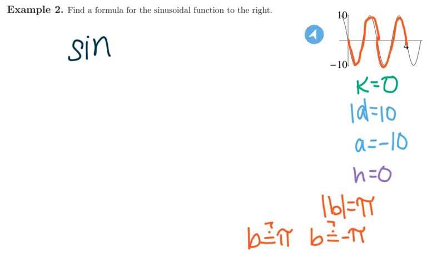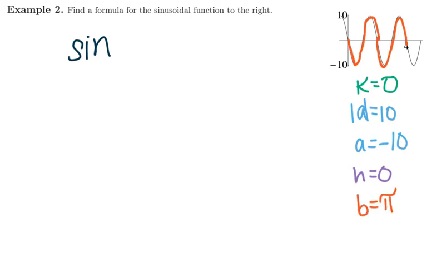We've already determined that the reflection we're seeing, we're going to attribute it to our A and call our A negative. So that means our B is not causing a reflection in our graph, so we are going to call our B positive. However, if we had gone back to this previous step and elected to call our A positive 10, then we would choose negative pi. However, that's not the case. Our A is negative. That accounts for our reflection, so now we're going to choose positive pi for our B.